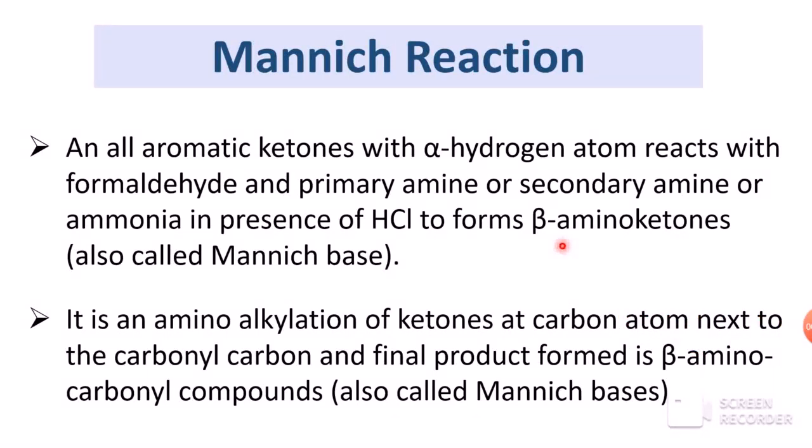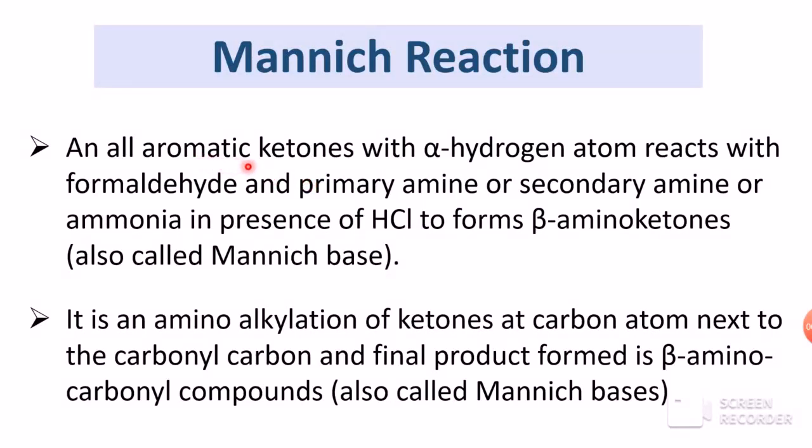In the case of the Mannich reaction, it involves an aromatic ketone or other ketones with an alpha hydrogen atom, formaldehyde, and a primary amine, secondary amine or ammonia as a base, as reactants. Then concentrated HCl is used as a catalyst in the Mannich reaction, and the product formed is a beta aminoketone, also called a Mannich base.